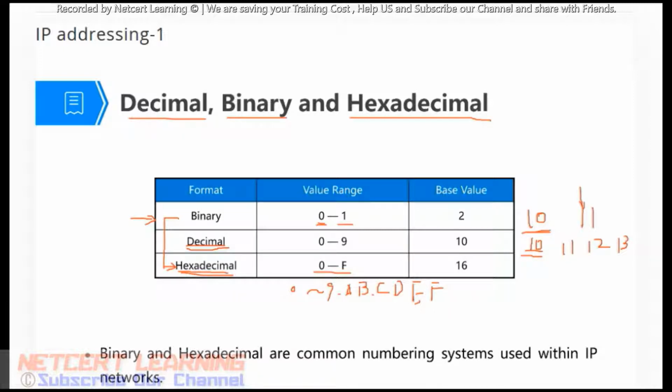And 15 in binary is 1 1 1 1, that's 4 characters. E means 1 1 1 0. This is in binary. So 4 characters in binary represent 1 character in hexadecimal.